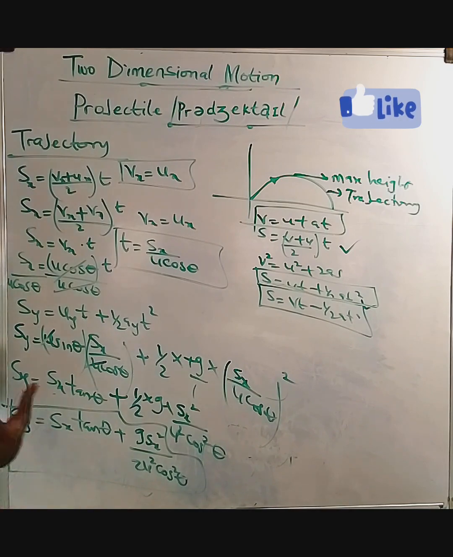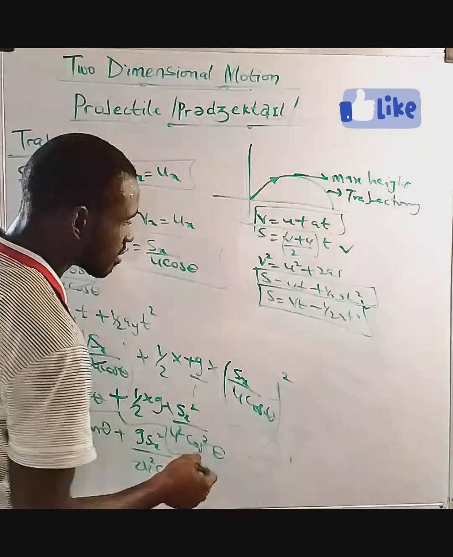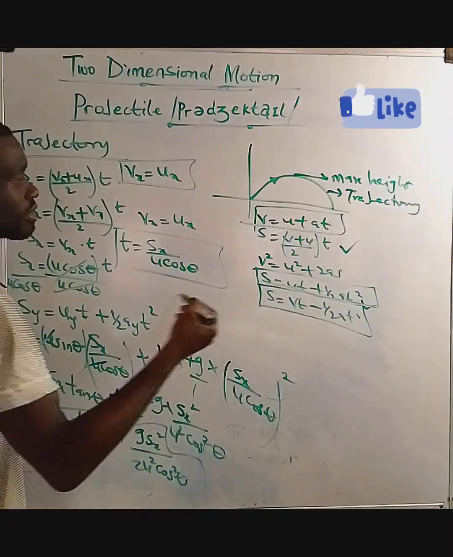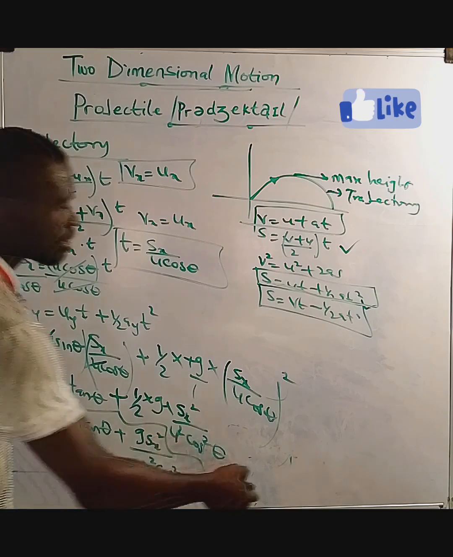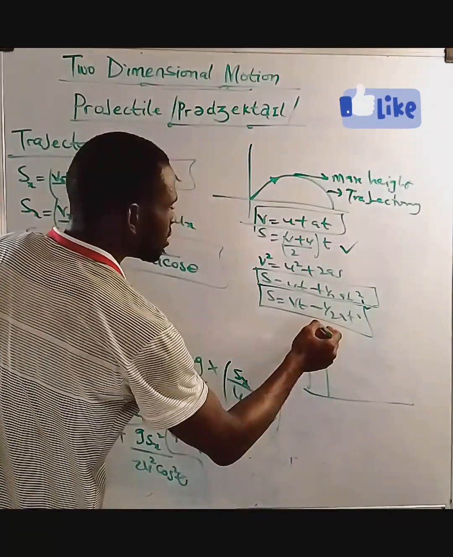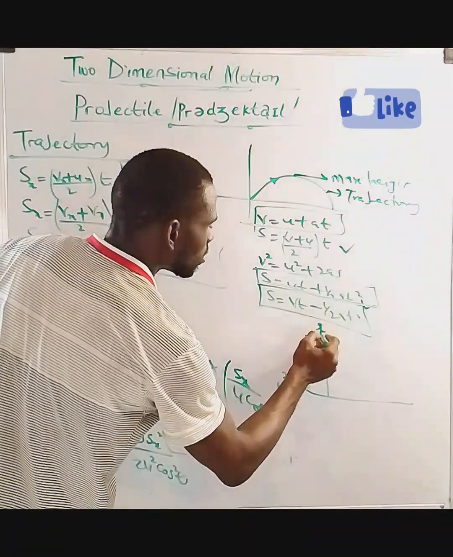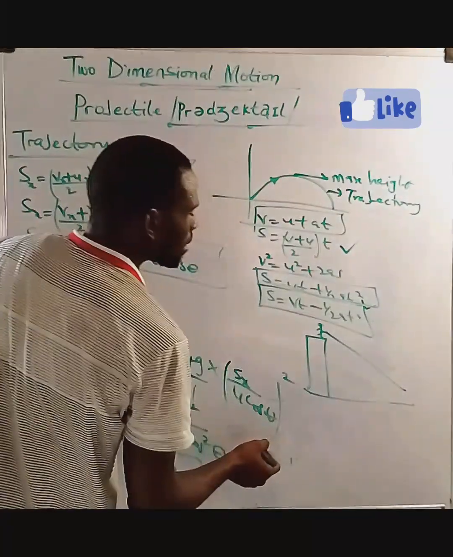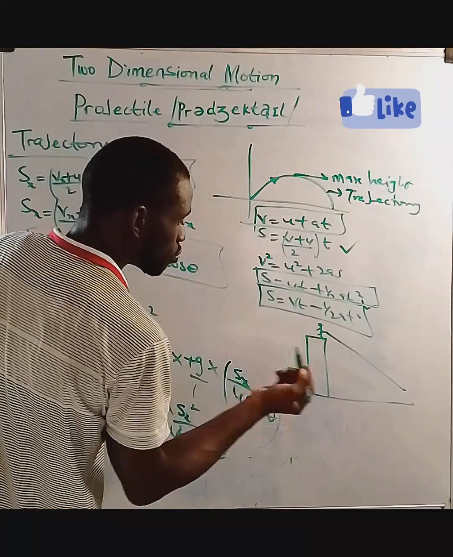Now, what trajectory does is show the position of a given projectile at every given time instant. Like the example we gave the other time, there could be different scenarios that bring about trajectory. Someone could be standing on a building and project an object down from the building. Don't forget, two things are going to happen.